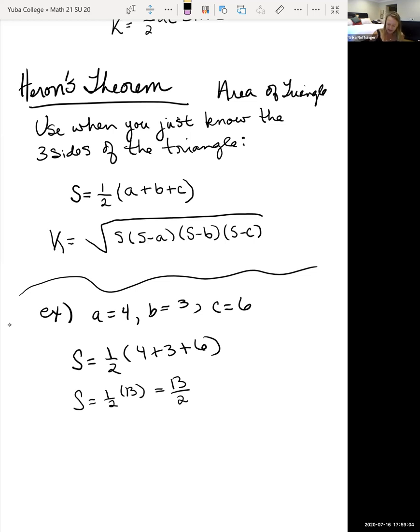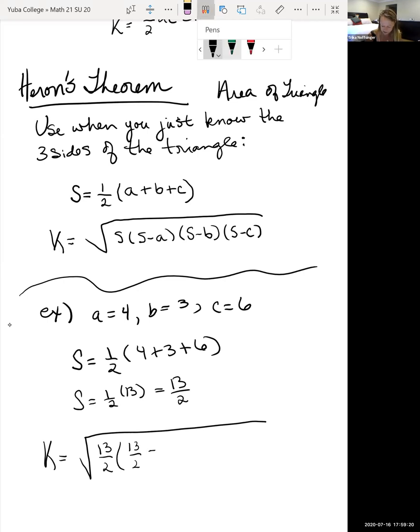So I know K, the area of the triangle, is equal to the square root of 13 halves, and then I have 13 halves minus A. I'm going to need a common denominator, so we might as well do it now. That is 8 halves.